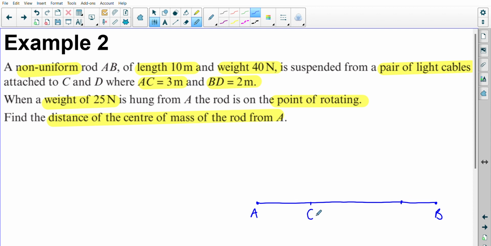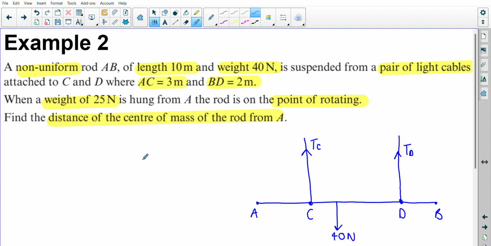So that's C, that's D, and I'm going to do 2 cables going up with tension, so that's tension at C, and then another cable going up here, that's tension at D. I'm just going to put the weight for the centre of mass about there.